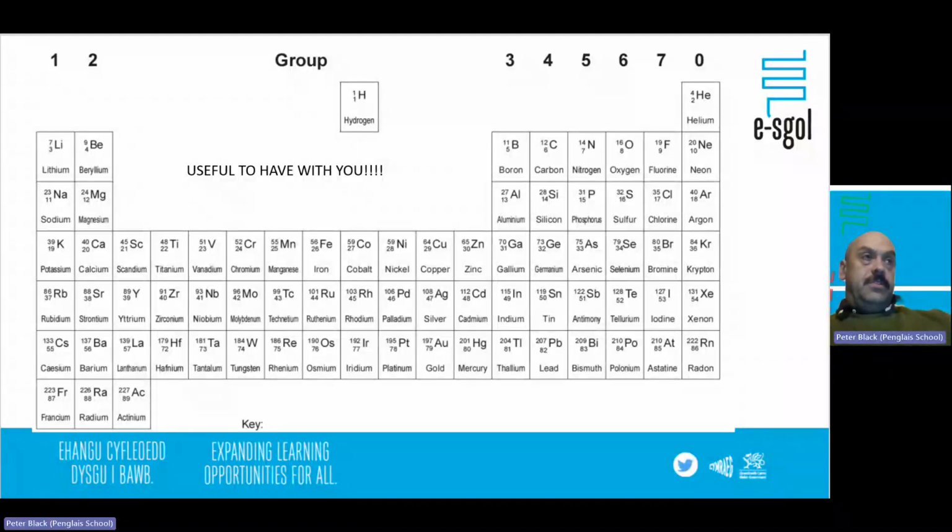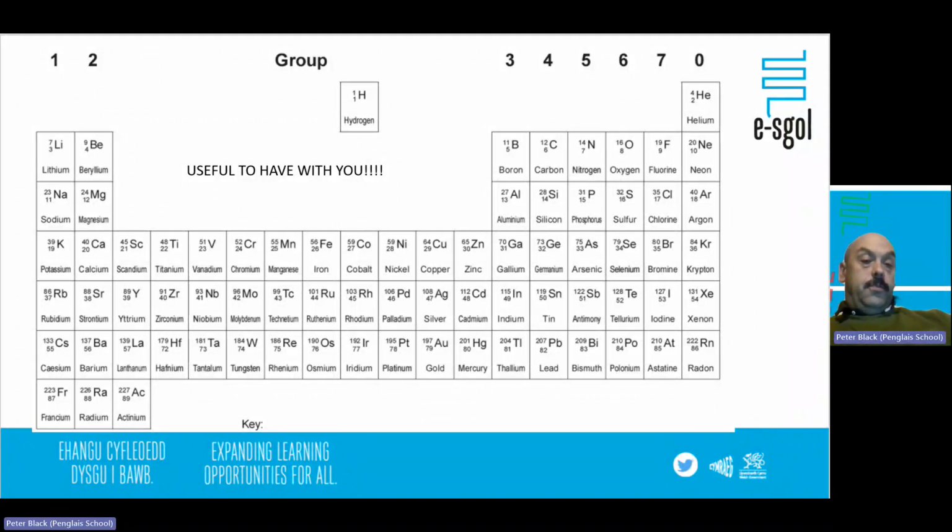And just to point out, when you go in the exam, remember you do have one of these on the back of the exam paper, as well as something called the ion sheet, which you'll probably be looking at next week. So it's definitely worth having this with you tonight, or during your session.